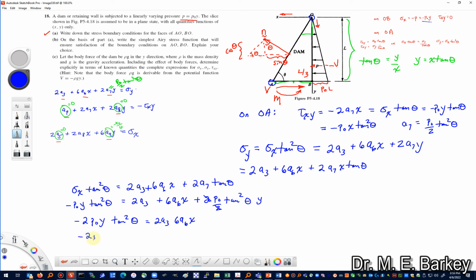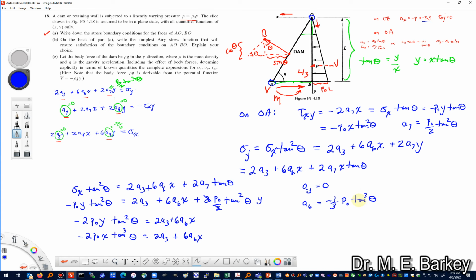So that's minus 2 p naught x tangent cubed theta is equal to 2a3 plus 6a6x. Equating coefficients tells me that a3 has to be equal to 0. And if I solve for a6, the x's cancel out, equating coefficients on similar terms, then that would give me a minus 1/3 p naught tangent cubed theta.